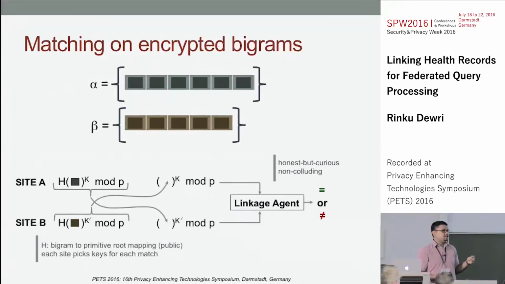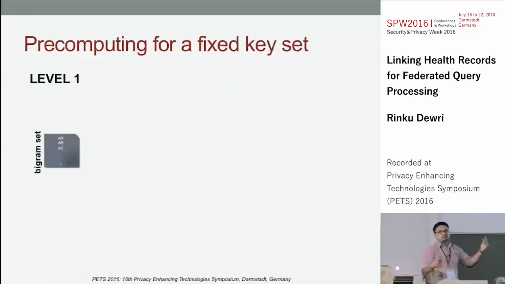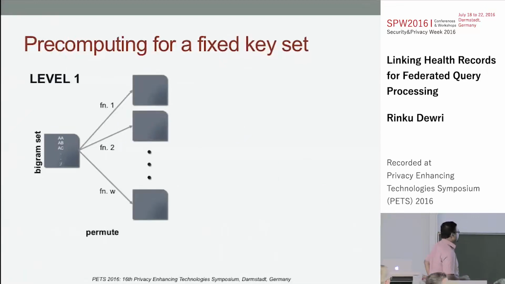Pre-computation can be done because a set of bigrams is not really that large, maybe 4,700 something. So we take all the possible bigrams, and then we do a permutation. This is what every party does: it does a permutation of this set.